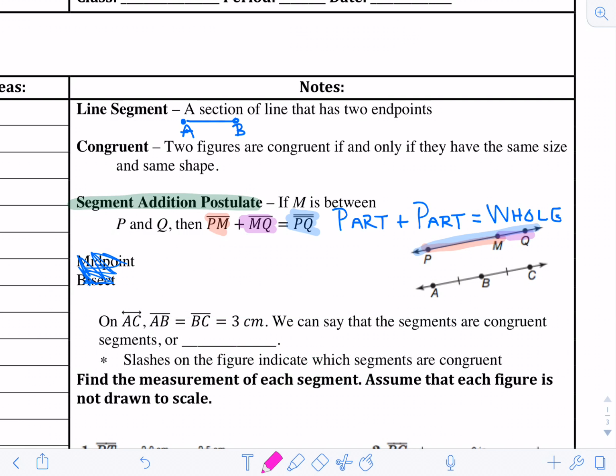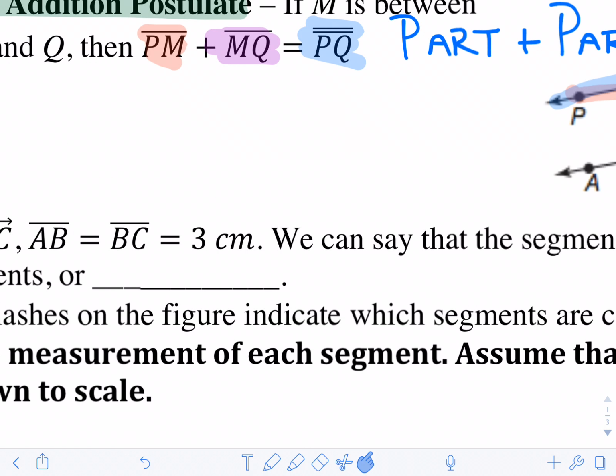Next little piece says on line AC, AB is equal to BC, and that is equal to 3 centimeters. So in my picture, this is 3 centimeters, and this is 3 centimeters. We can say that the segments are congruent segments, or another thing we can conclude from that picture is that B is the midpoint.